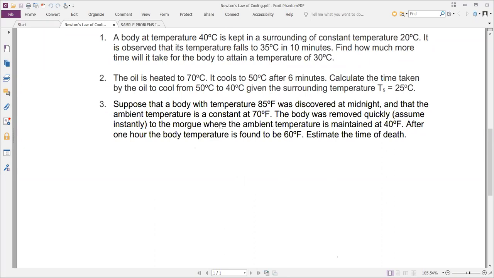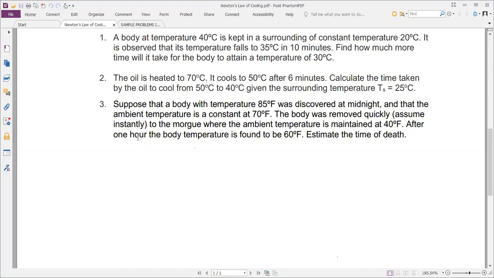Now, the temperature in the morgue is of course different than the temperature of the surrounding where the body was found. It's maintained at a temperature of 40 degrees Fahrenheit, very cold, because 32 degrees Fahrenheit is already zero, near freezing. So this is just a little above 0 degrees Celsius.